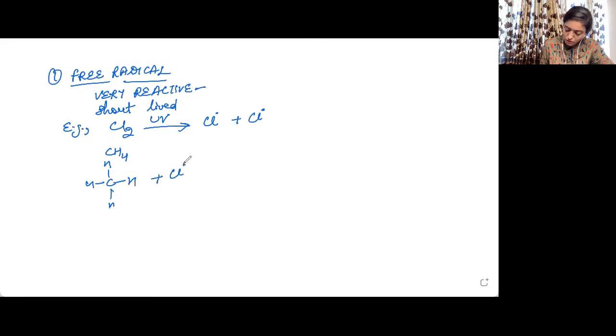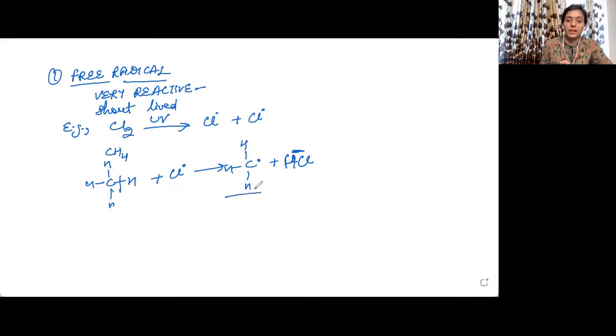Now what will this chlorine free radical do? It will lead to the homolytic cleavage of one C-H bond and lead to the formation of the methyl free radical. Sorry, this is HCl. Methyl free radical and HCl will be formed, right?